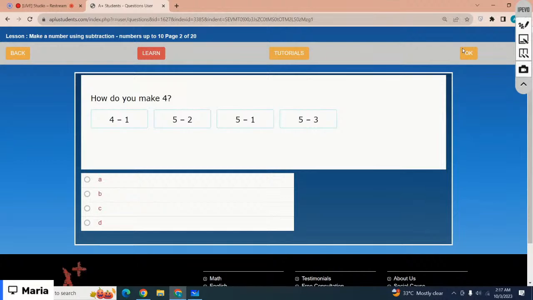Very good. The correct option is 5 take away 1, right? The only option that makes 4 is option number C, that is 5 take away 1. Very good.